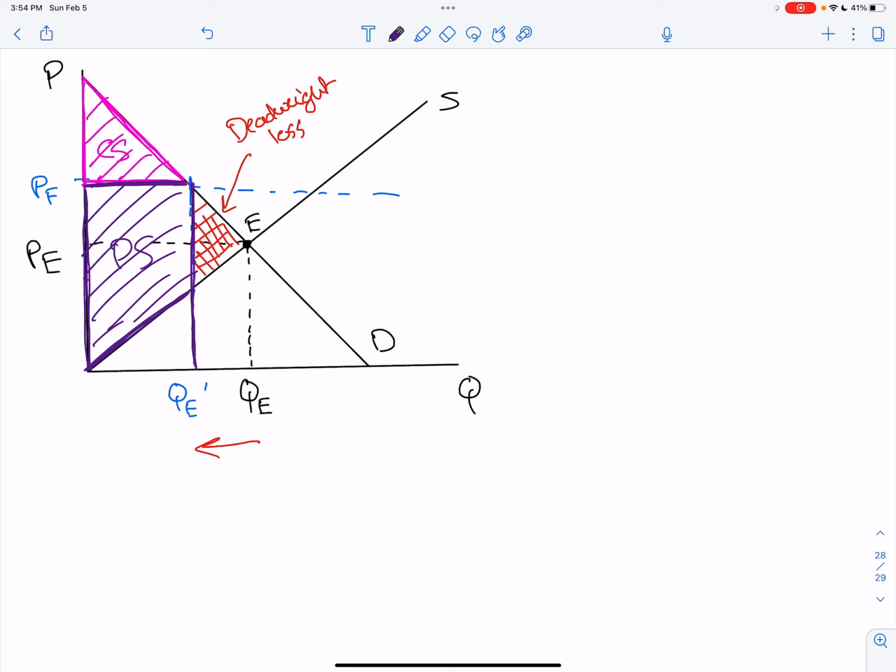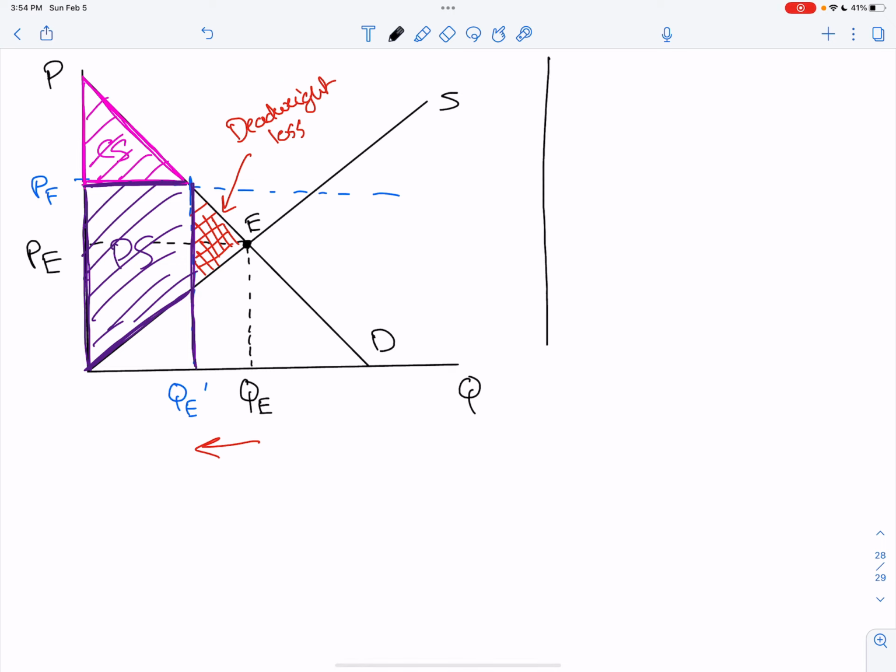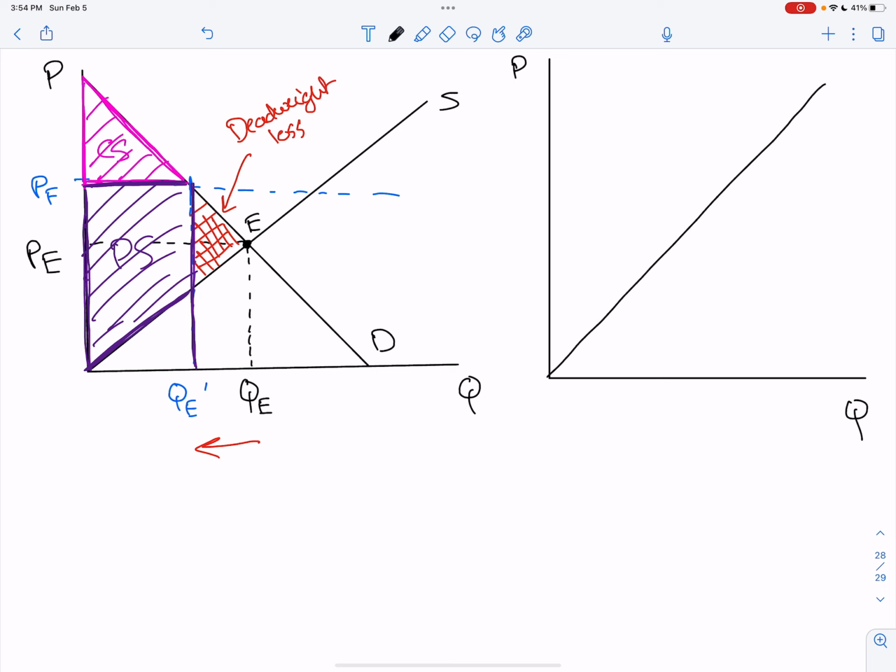Okay, now let's do the same exercise for a price ceiling. So we've got our equilibrium.